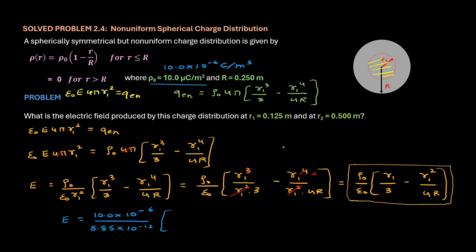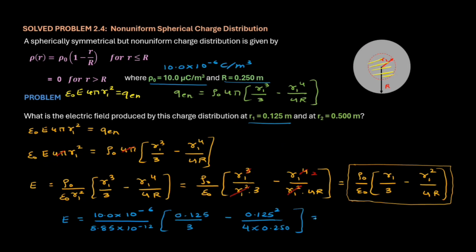Then you have R1 which is 0.125 over 3 minus 0.125 squared over 4 times R. R is 0.250.